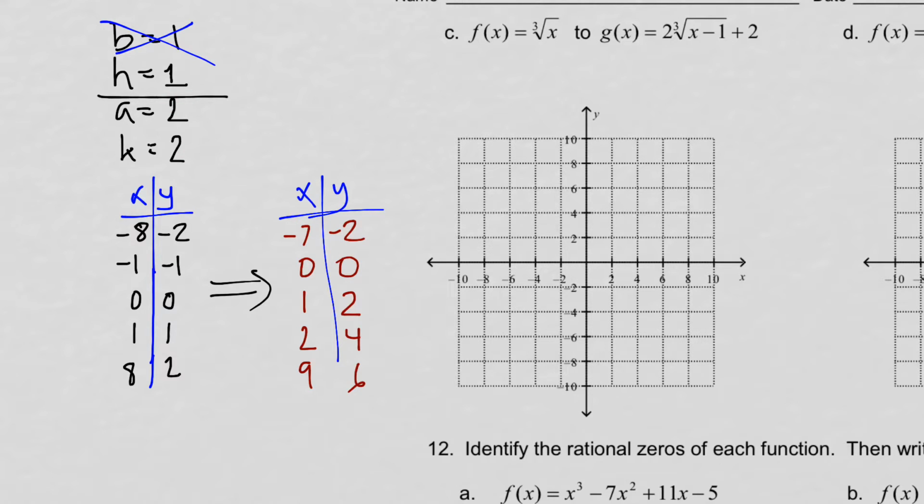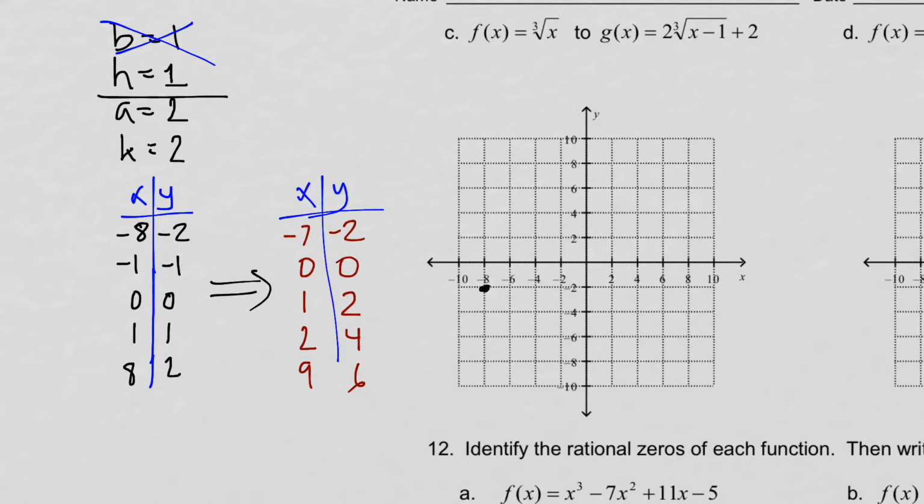There you go. Now let's graph it. I'm going to graph the original function in black and the transformed function in red. So let's do the original function first. Negative 8, negative 2 is right here.